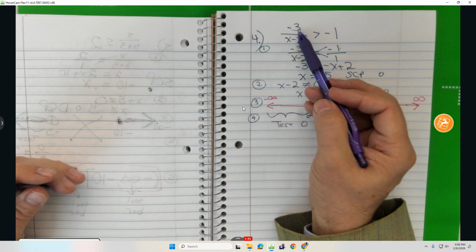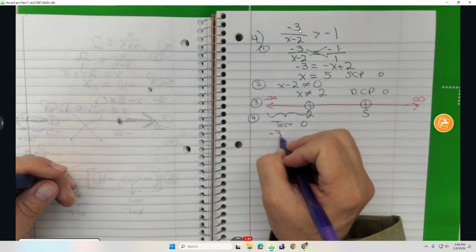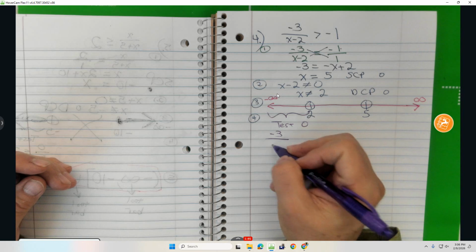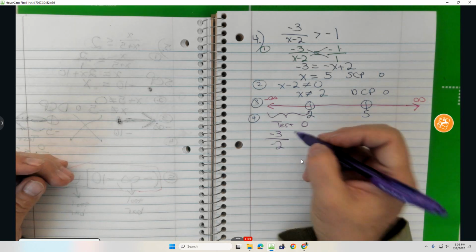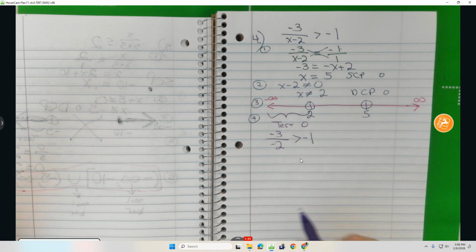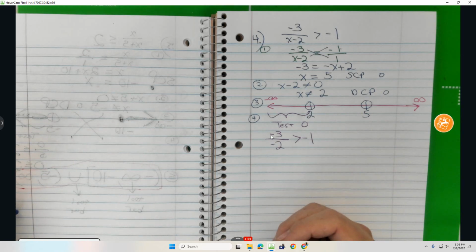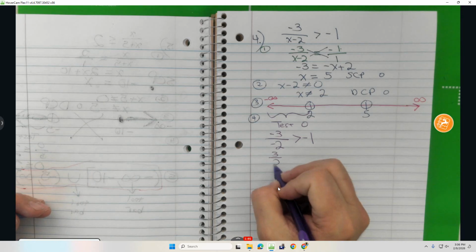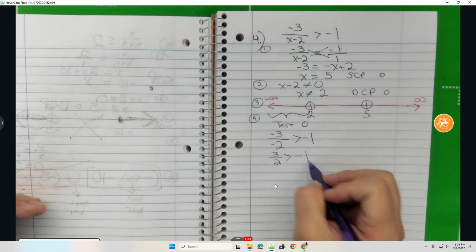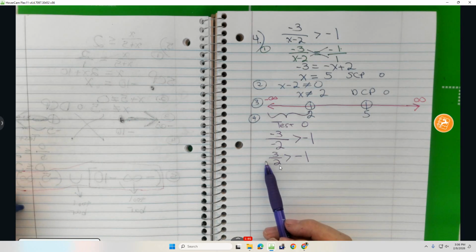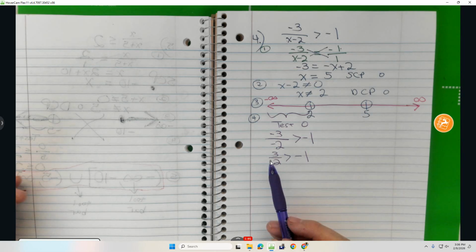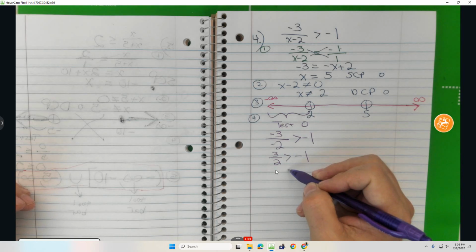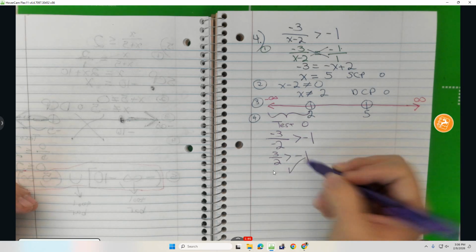That gives me a negative 3 divided by 0 minus 2 is negative 2. Is that bigger than negative 1? Negative divided by negative is positive 3 halves. Positive 3 halves is bigger than negative 1. As soon as I saw that the left side was positive, any positive number is bigger than a negative. So shade or cross out, shade.